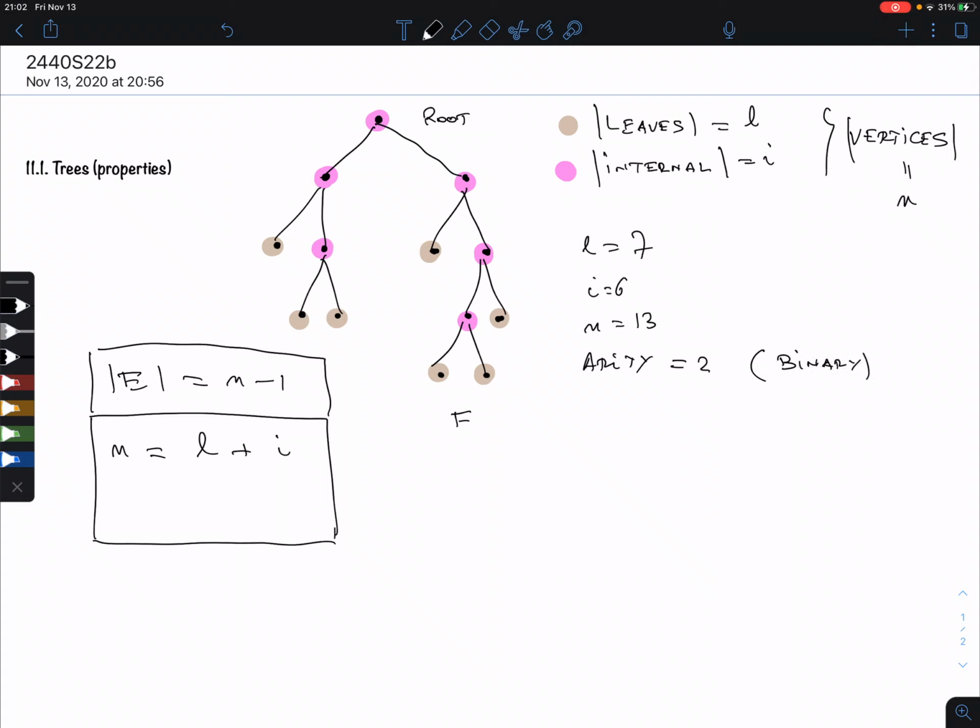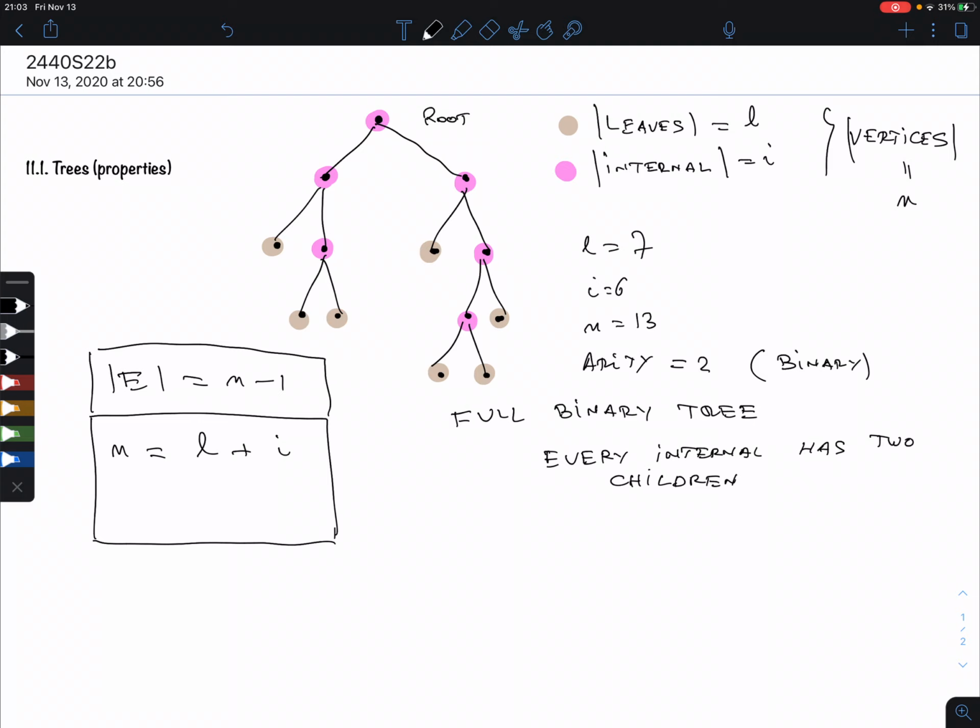Okay, so a full binary tree means every internal vertex has 2 children. And of course, leaves have no children. So it's either 2 or 0, if you want to put it that way.